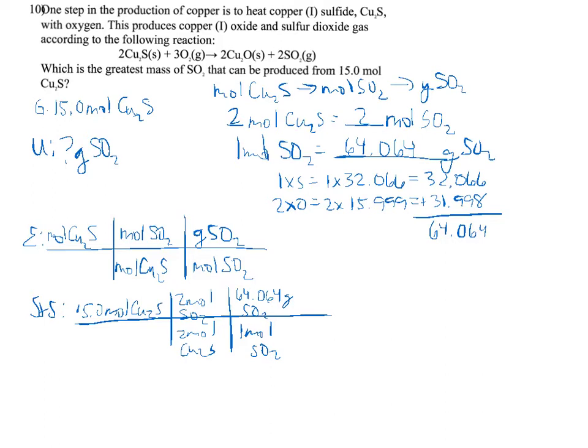Okay, so what do we need to do with our numbers here? We need to multiply 15 by 2, divide by 2, and then multiply by 64.064. Or you can understand that 2 divided by 2 is really like doing nothing, so you can cancel those out and understand that really all you have to do is multiply these two numbers together.